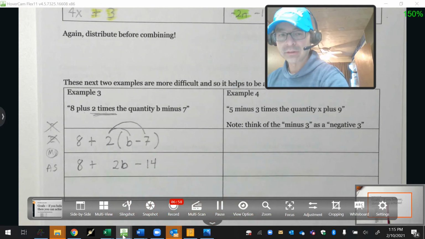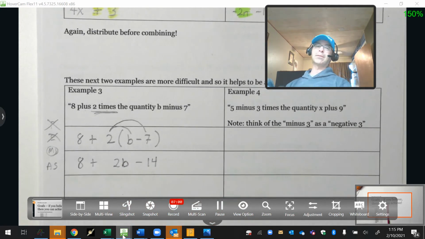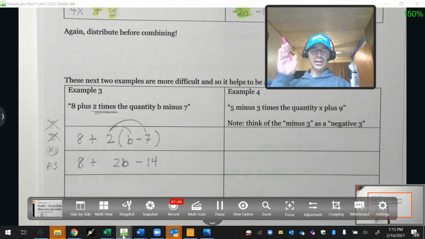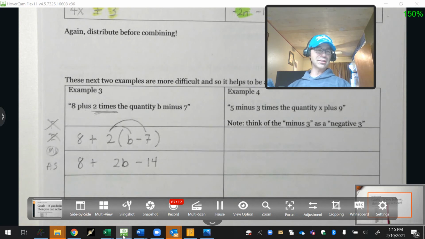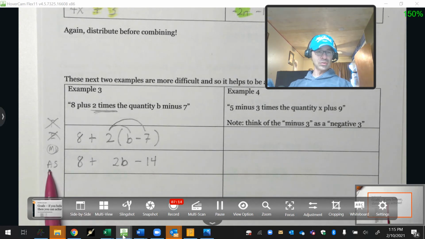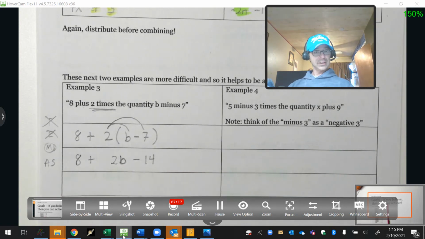Take a second. I want you to understand what just happened. Look at this line, look at what happened. The most common mistake we see students make on these types of problems is they try to add the 8 and the 2 first. But look what it says right here. It says add last. Shoot, I get excited when I talk about PEMDAS.